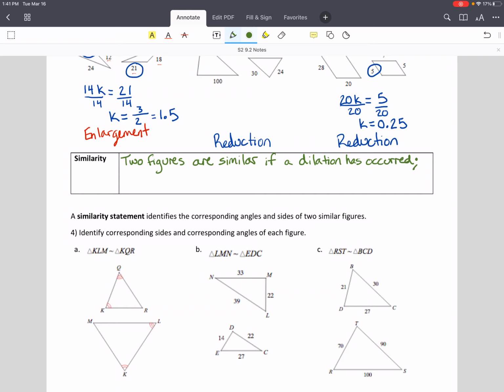Okay, and with a dilation, I'm just going to write down more things we know about dilations.